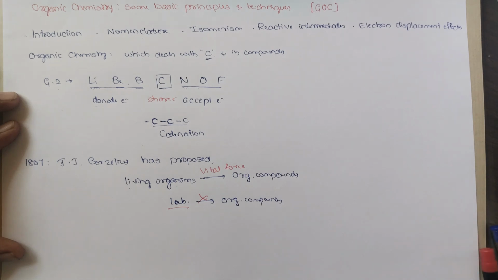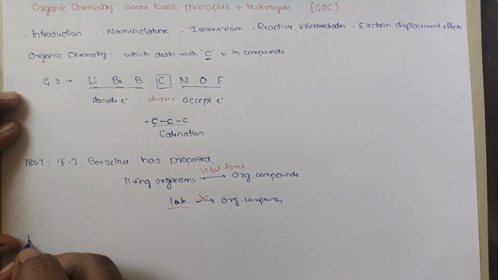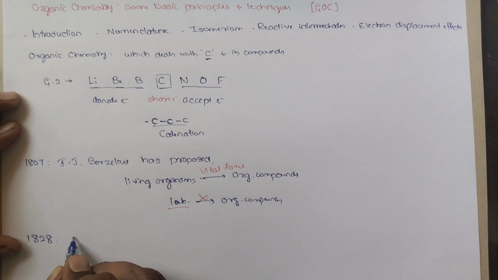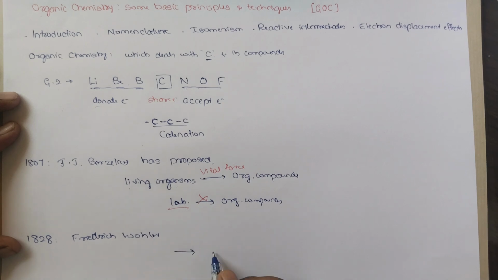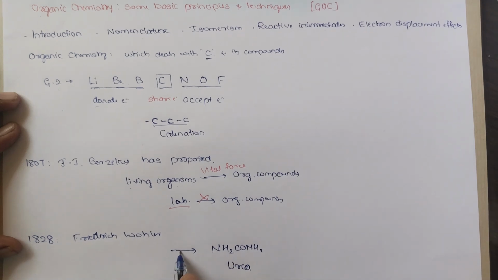But in the year 1828, the scientist Friedrich Wöhler synthesized urea. This is the structure of urea.